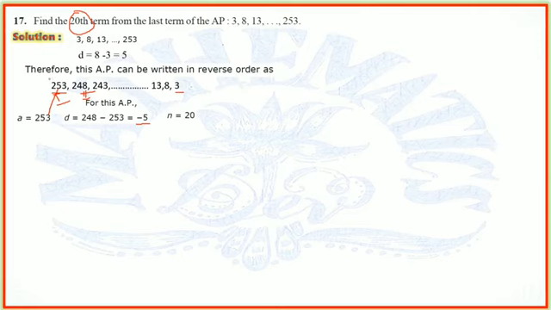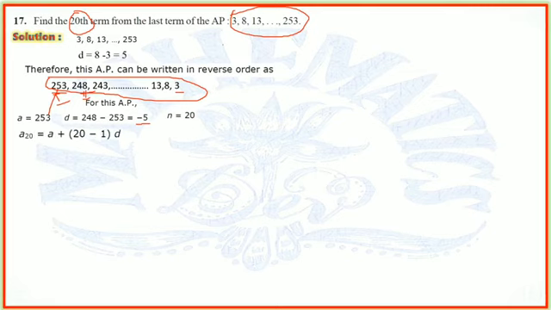From the beginning for this AP, it would be the term which is the 20th term from the last for the original AP. So now n is equal to 20, and we are going to find that particular term.